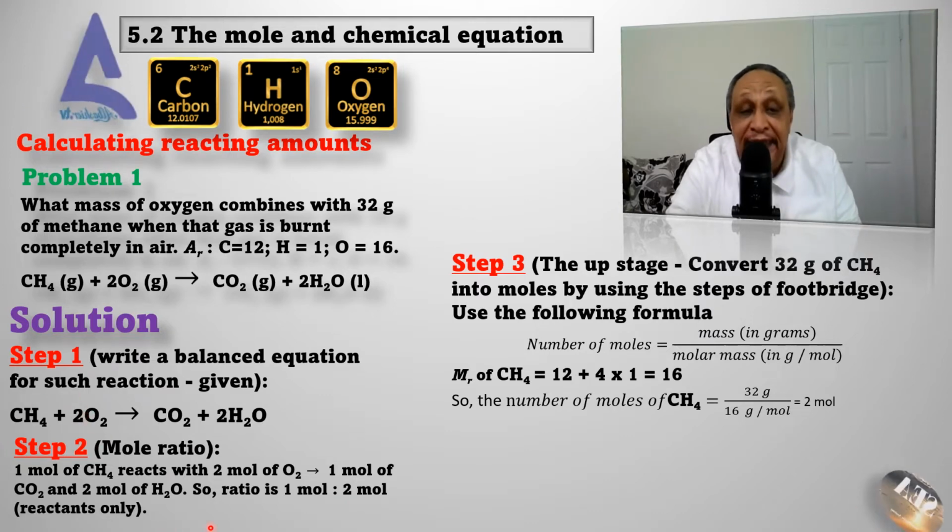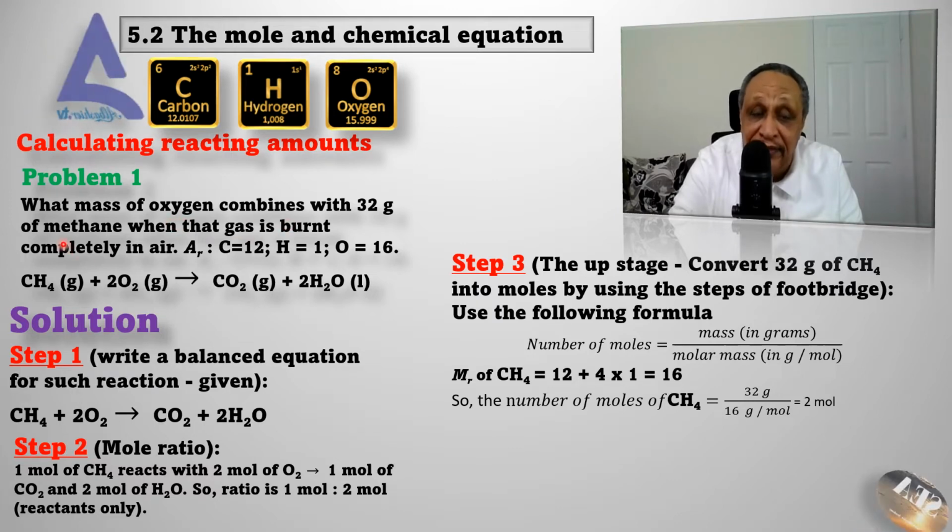I don't need the products here because he asks me about the reactants. Oxygen combines with methane. So he is talking about the reactants, not the products. So I don't need to use this information. I need to use this information.